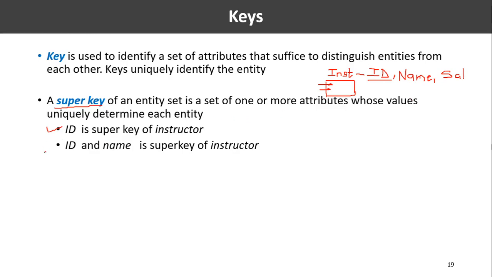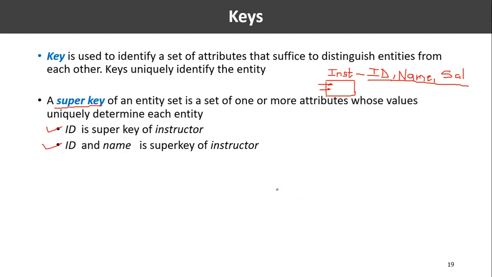Even if I say that I have the set of attributes ID, name, and salary, and I consider this group of attributes together, it is still possible to distinguish two instructors from one another, and that is why this group of attributes, ID, name, and salary, is also a super key.